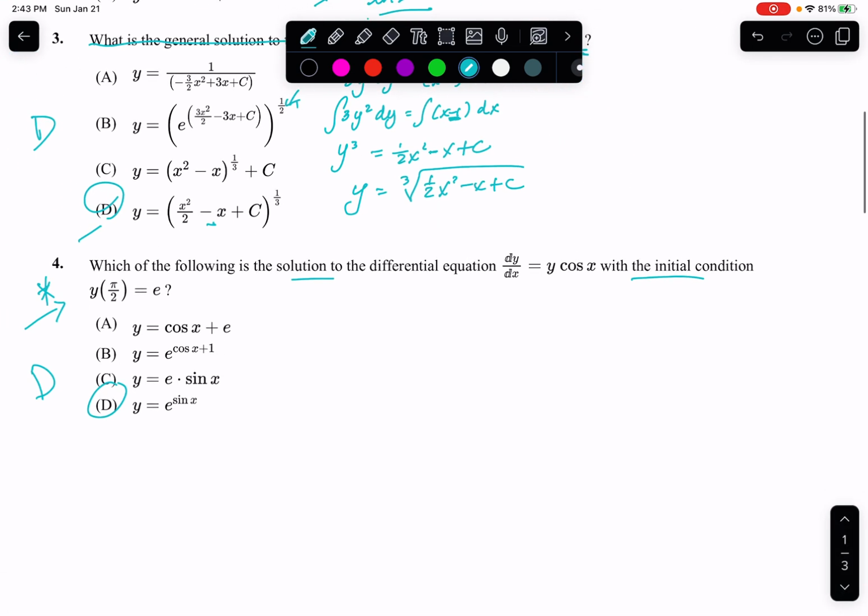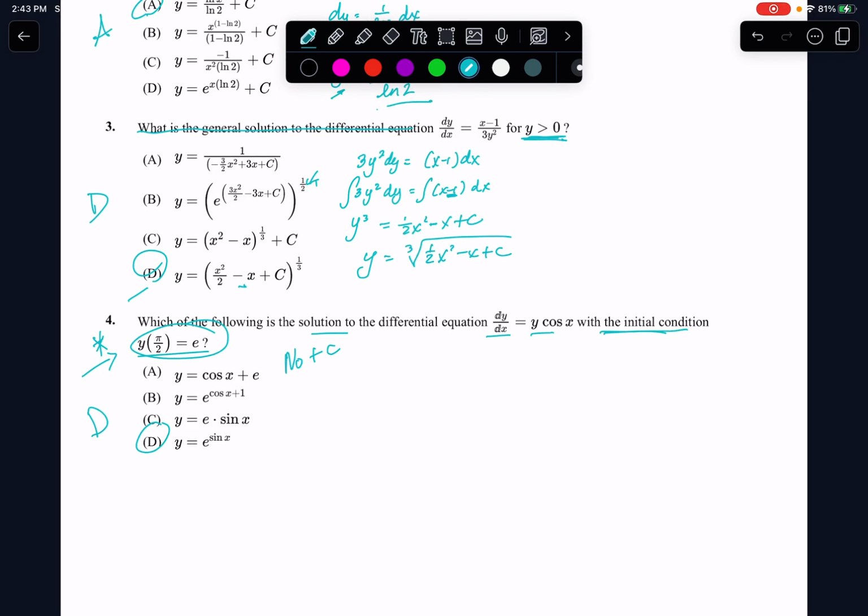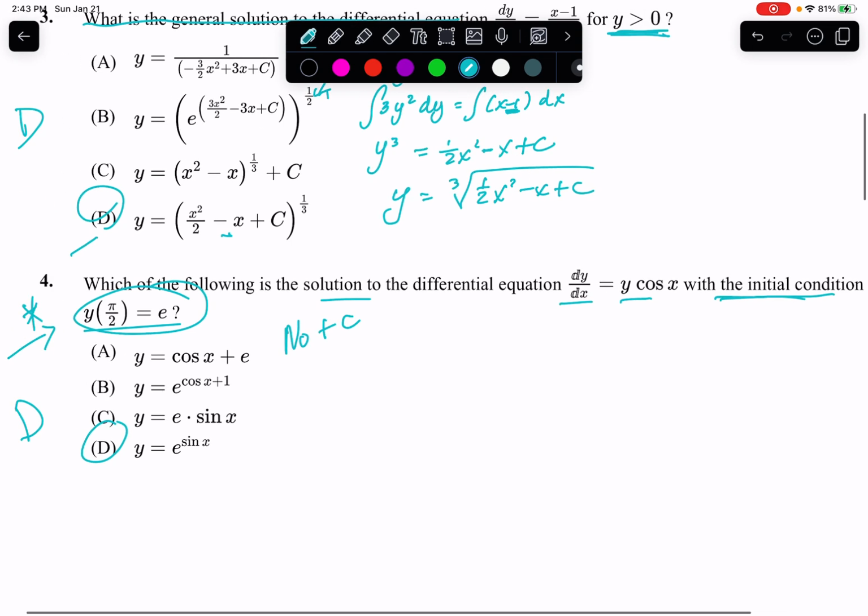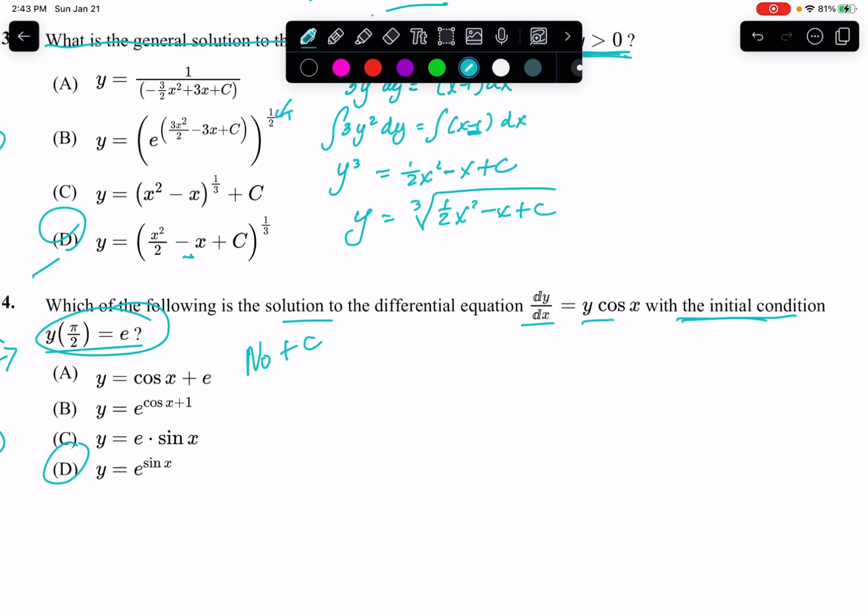Now 4 says which of the following is a solution to dy dx with the initial condition y of pi over 2 equals e. So look, there's no plus c. But they use this point to find it. And you already know how to do that because we did it when we did anti-differentiation. So we still do the same thing, and then we substitute in after we get, we use a point to get c.